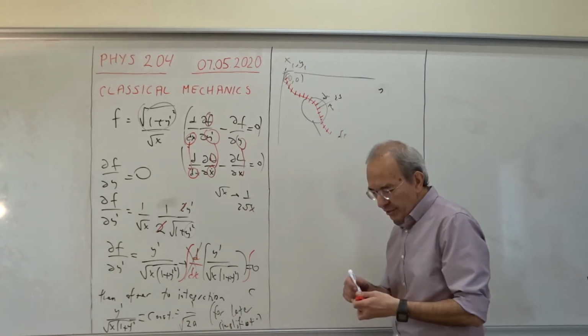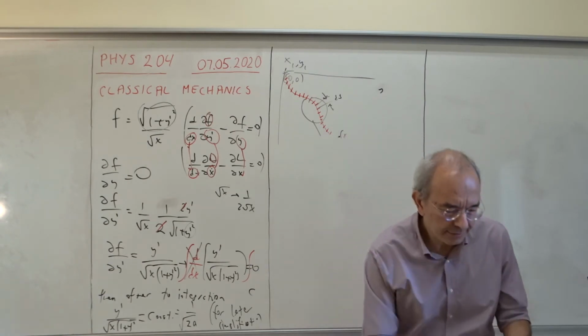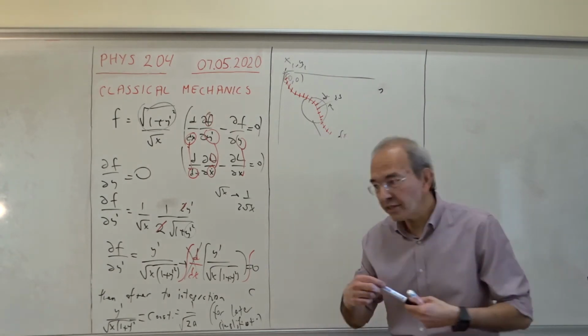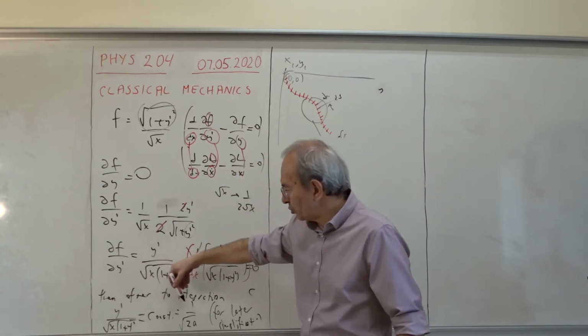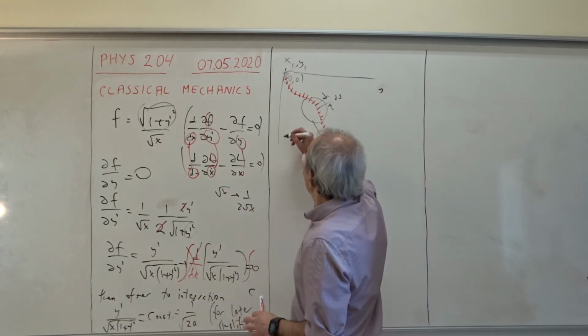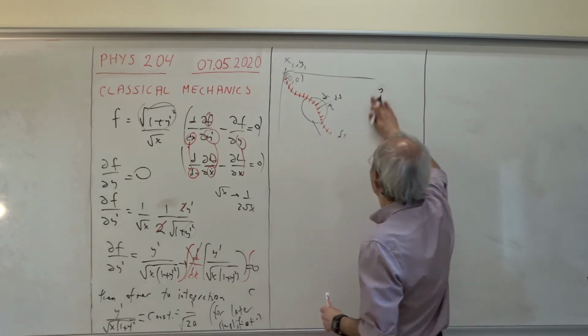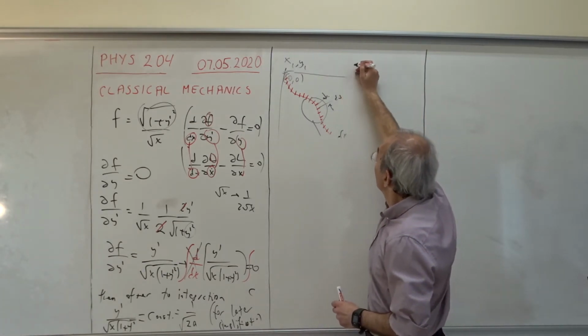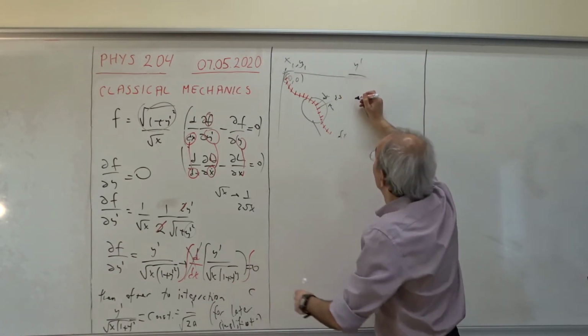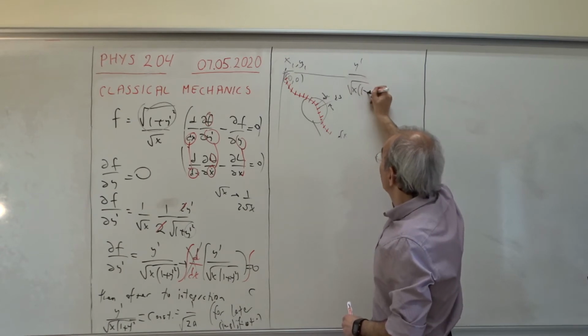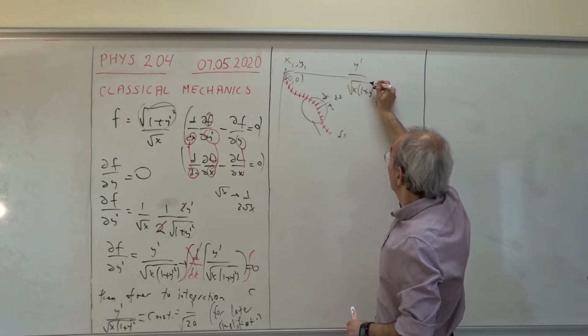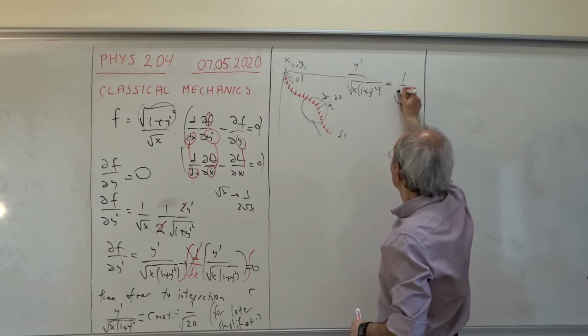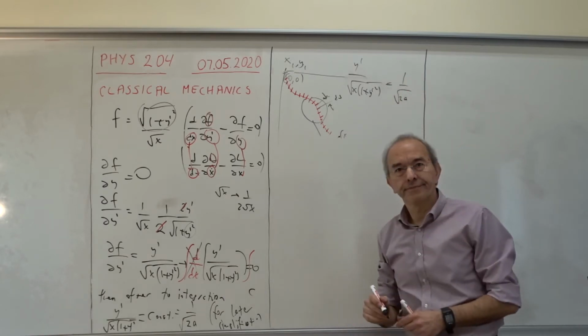So let me rewrite what we get so far. So y prime over root x times 1 plus y prime squared is now 1 over root 2a.